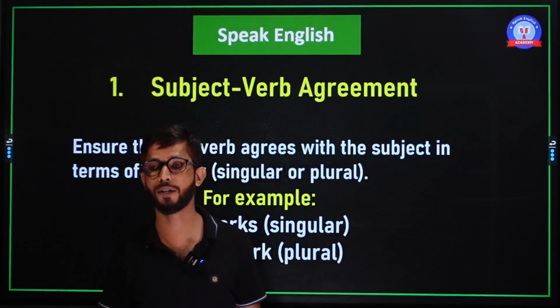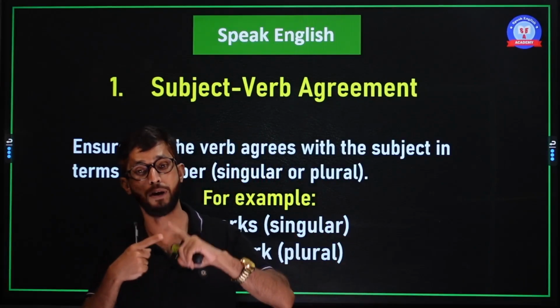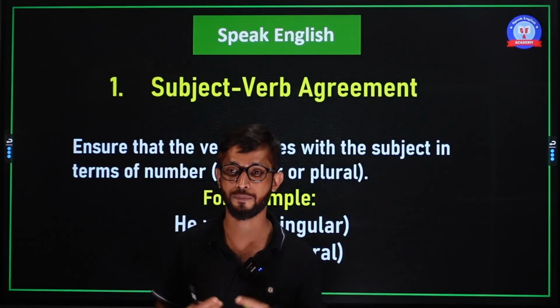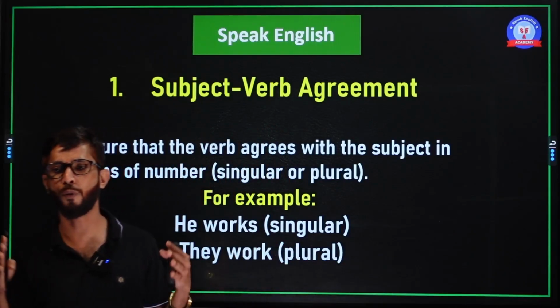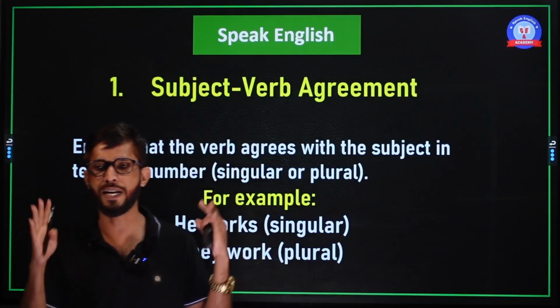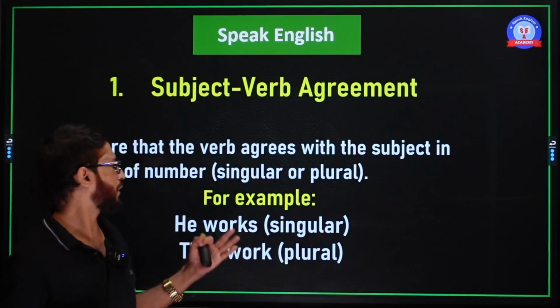So number one, the most important grammar rule we have to learn at our beginning stage is subject-verb agreement. We have to ensure that the verb agrees with the subject in terms of number, especially singular and plural. There is some example, right?